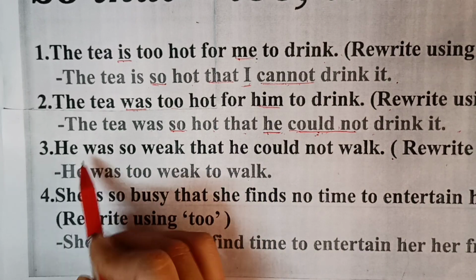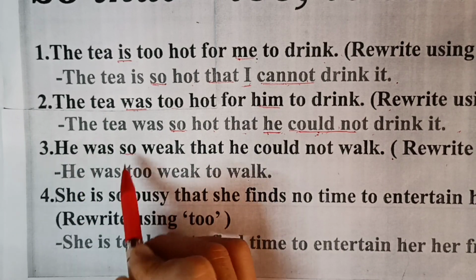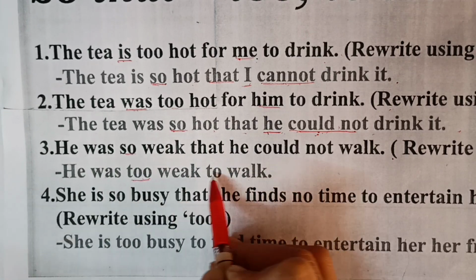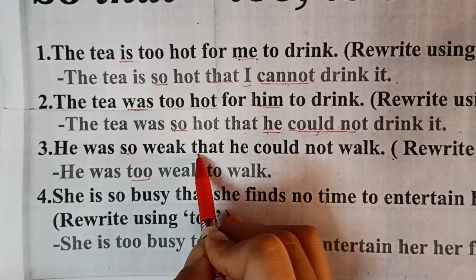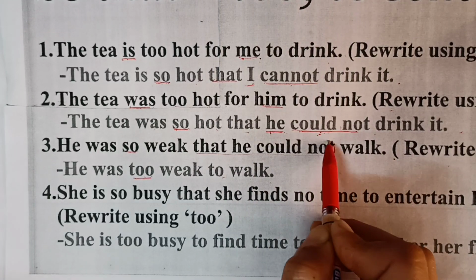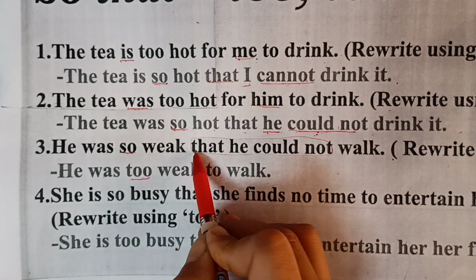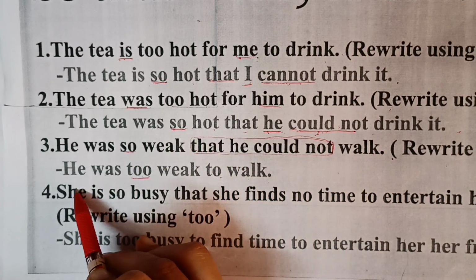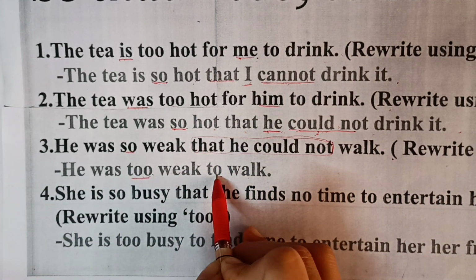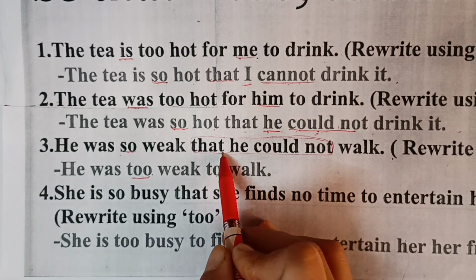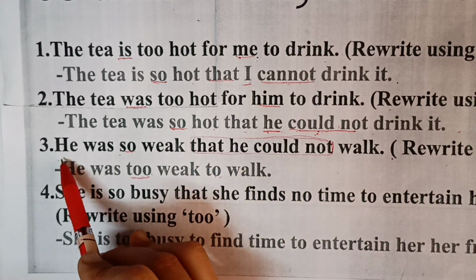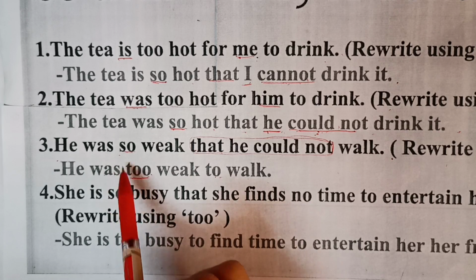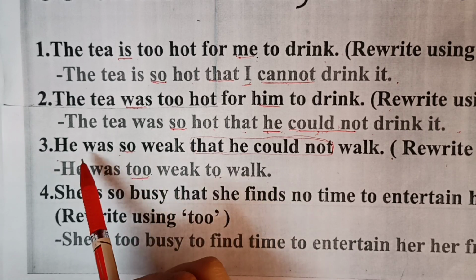That should be correct. Instead of so we have written too. He was too weak to walk. So the rest of the things are omitted. See, these are the three words that we add in order to interchange such statements with too and to: so and that. See, immediately how do you interchange a statement that has too in it?